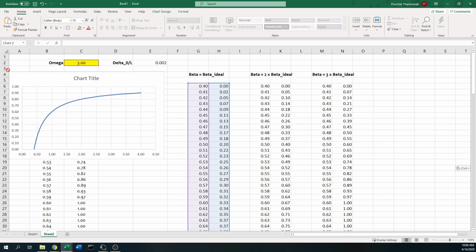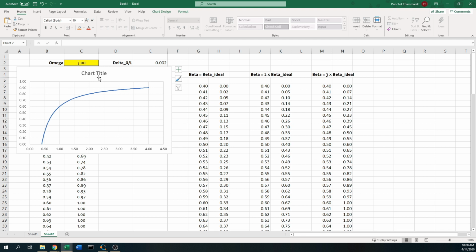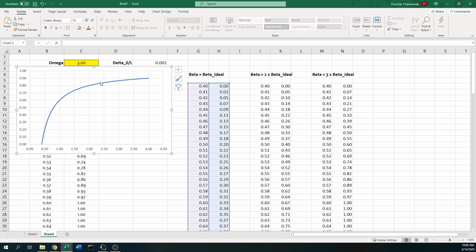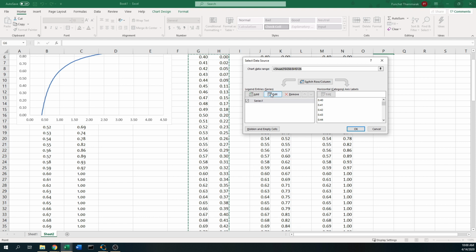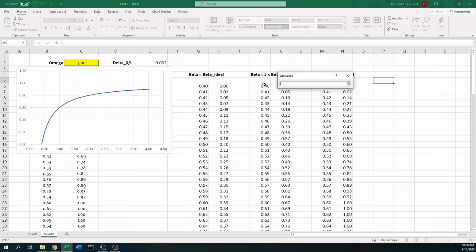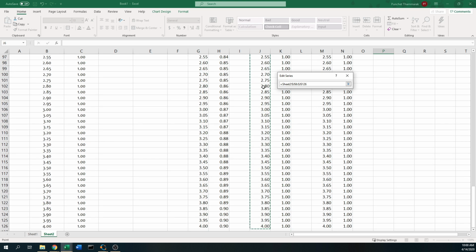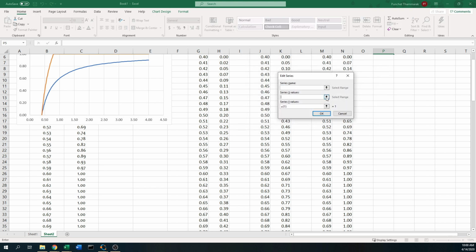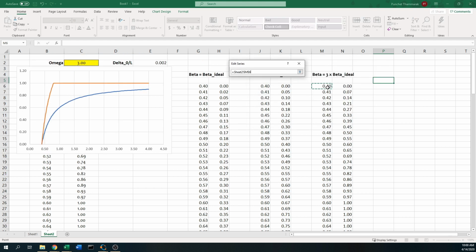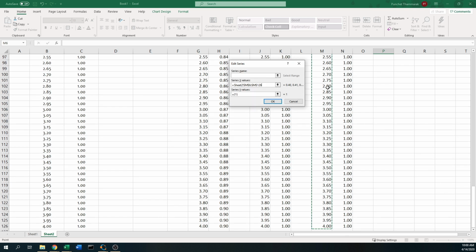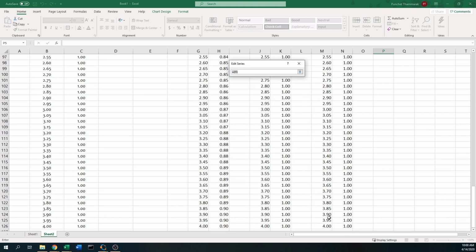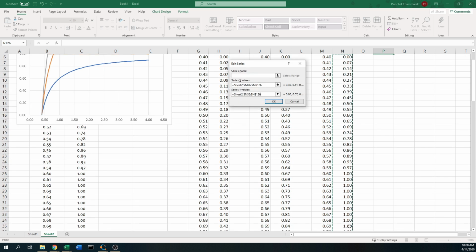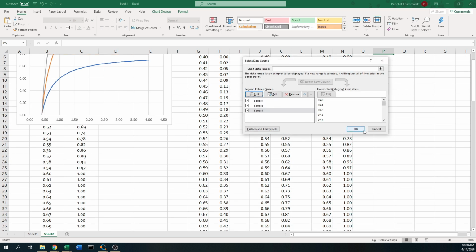Okay, it's there. Delete the chart title, it takes space. And we add more. Select data, we add another line which is from 3 times the ideal brace stiffness. And there it is.